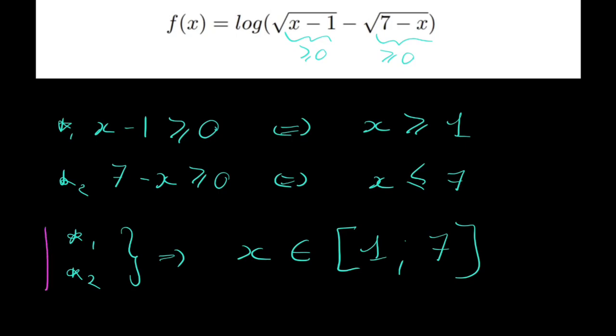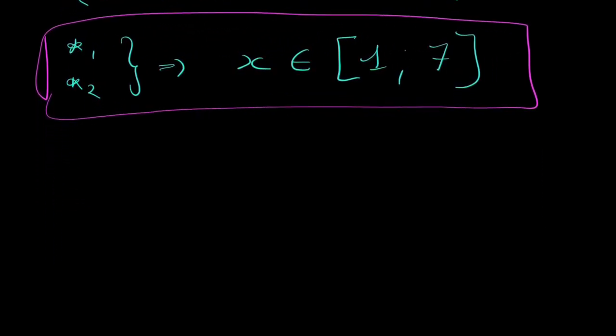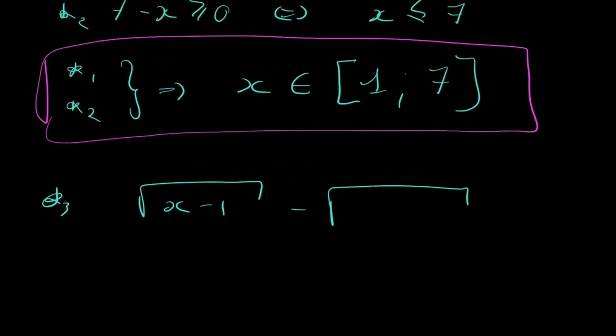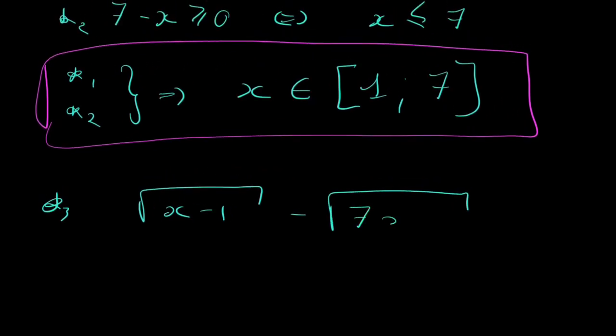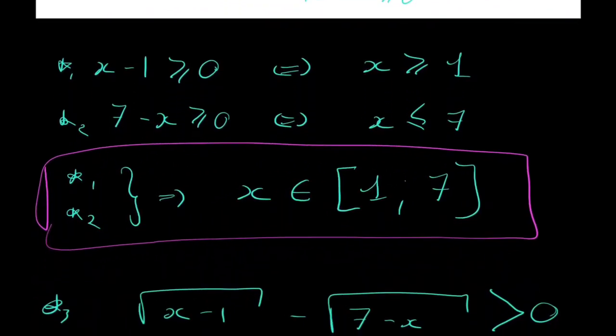Okay, so this is the important part that you do not want to forget. And the other important part is that we want to have number 3, square root of x minus 1 minus square root of 7 minus x. We want it to be this time strictly greater than 0 because logarithm of 0 does not exist.